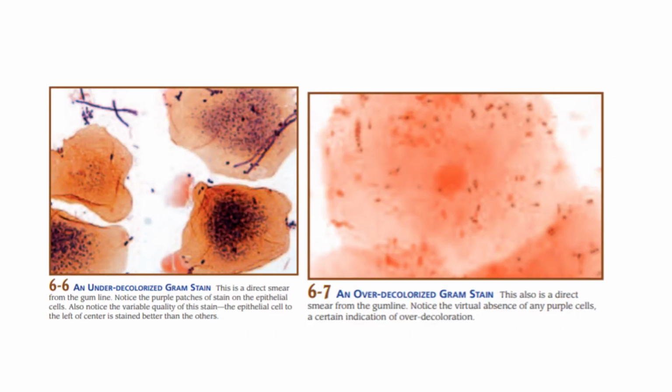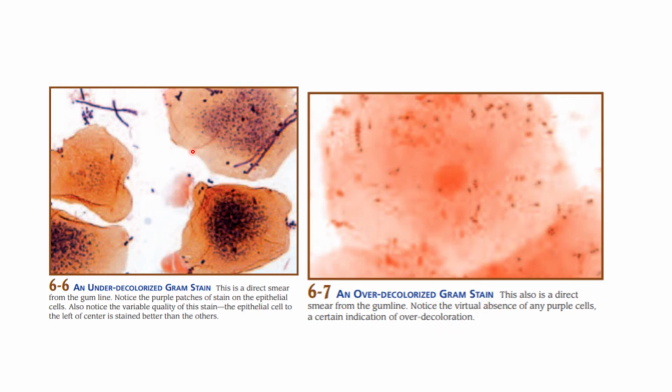Okay, and take note though, the steps of gram staining kind of look easy. Seriously, it's so difficult. Okay, why? Because sometimes it's possible to have under decolorized gram staining or over decolorized gram staining.